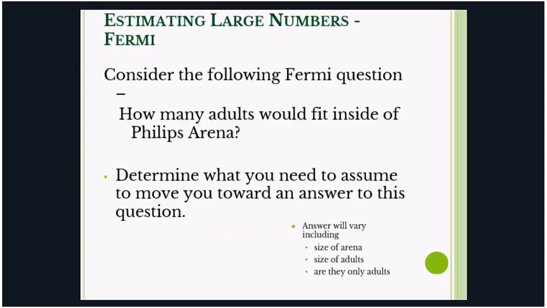An example here is that you would need to know the size of the arena, the size of the adults that are in the arena, as well as if there were only adults in the arena. This would be important, of course, because small children might take up less room. And so you'd have to know that as well.